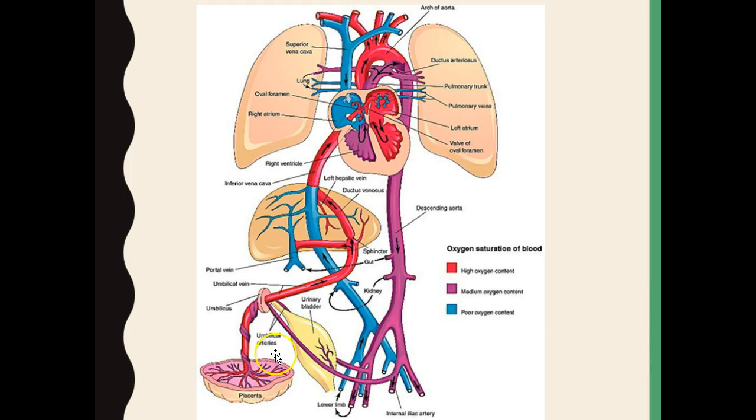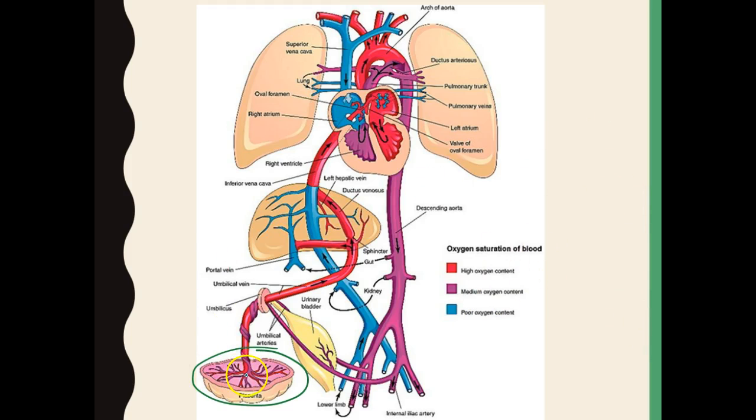The biggest difference is you will get a blood exchange in the placenta. Fetal blood does not come into direct contact with maternal blood. However, it is close enough for exchange of nutrients, oxygen, and toxins to take place.